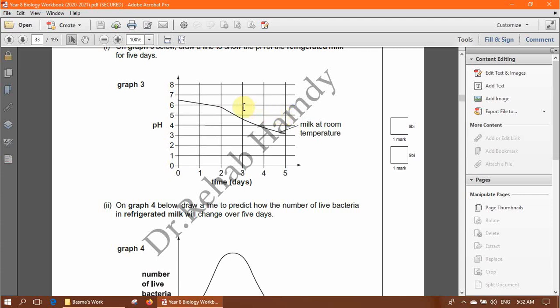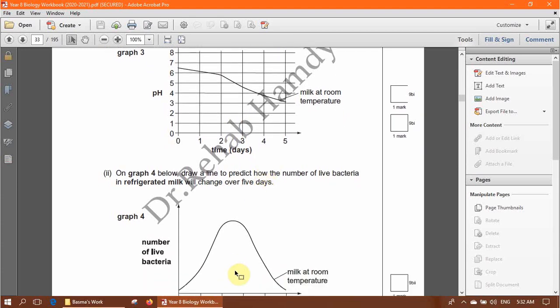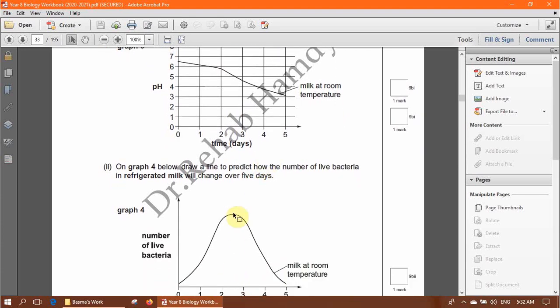When the milk was at room temperature, the pH was 5 at about 2.5 days. So I will reach the same number of live bacteria at 2.5 days. It was the top. So I will make it the top, but not after 2.5 days, after 5 days, because the same pH level was reached in the refrigerator, but after 5 days.